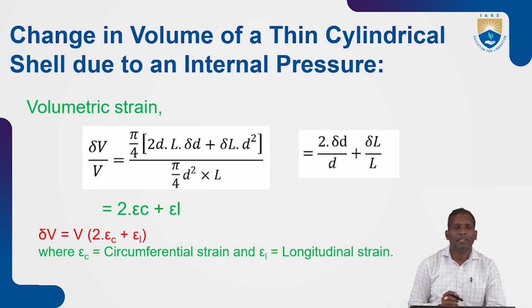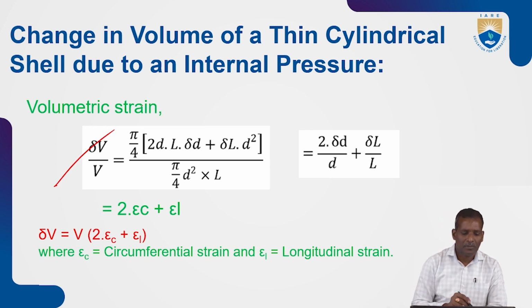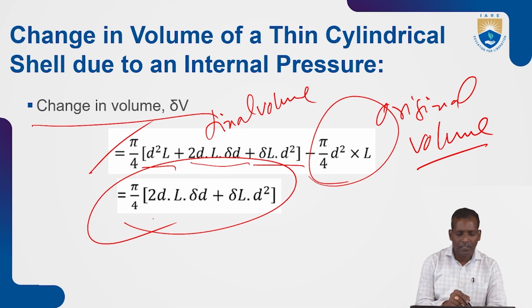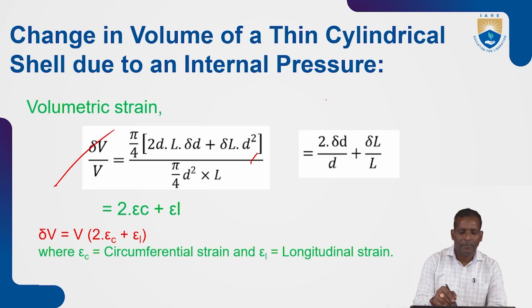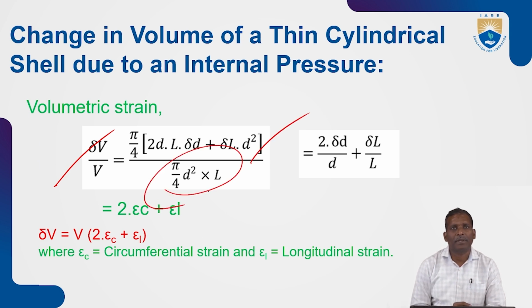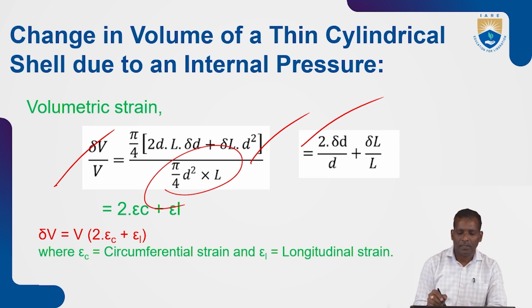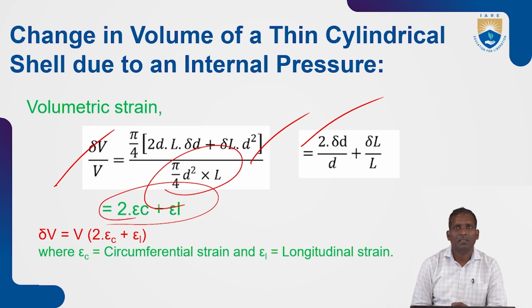Now the volumetric strain is the change in volume to the original volume. The change in volume delta V is pi by 4 into (2d into L into delta d plus delta L into d square), divided by pi by 4 into d square L. So we will get 2 into delta d by d plus delta L by L. We can represent this as 2 epsilon C plus epsilon L, where the circumferential strain is along the diameter and L is longitudinal.